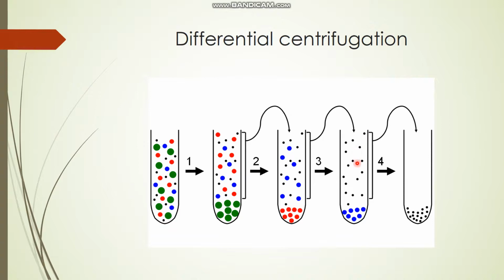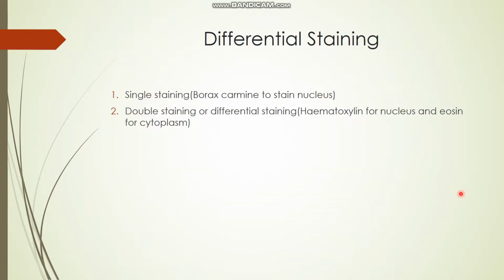So here you get another pellet, and in the last step the particles left in the supernatant will also separate. So what you see, you have different pellets: pellet 1, pellet 2, pellet 3 and pellet 4. So we have separated all the particles.